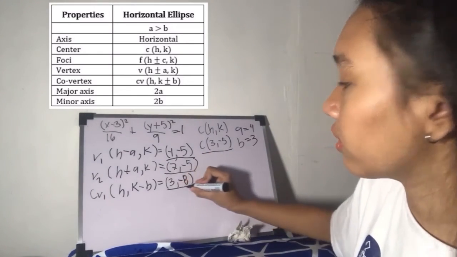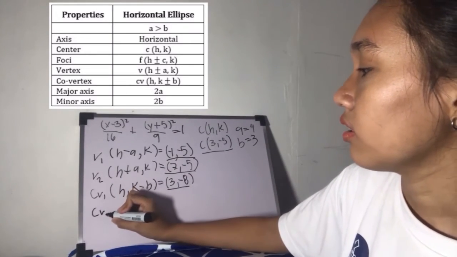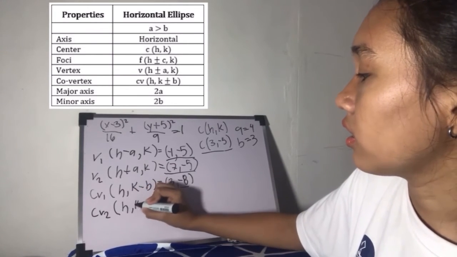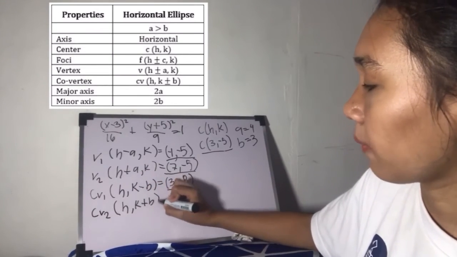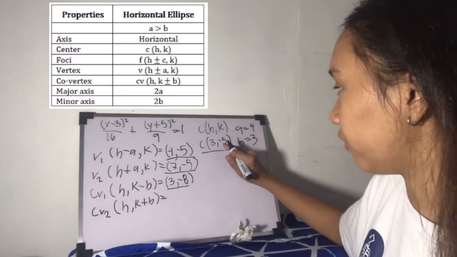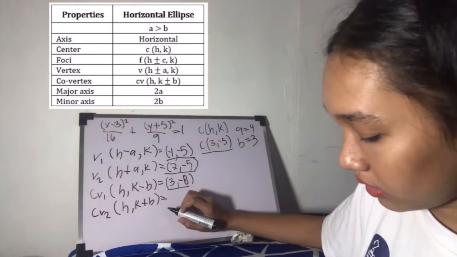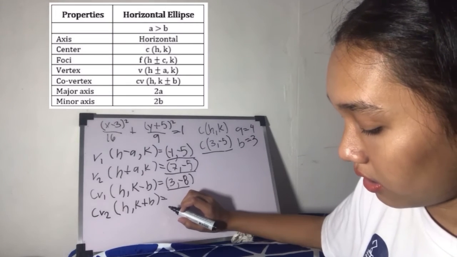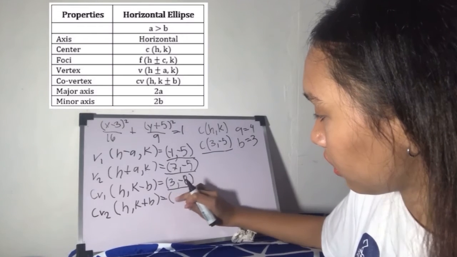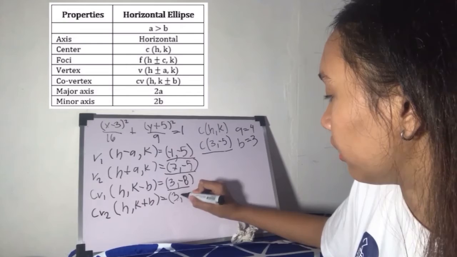That is our first co-vertex. Next is our second co-vertex. It will be h, k plus b. Our k again is negative 5, and our b is 3. Negative 5 plus 3 is negative 2. That will be 3 and negative 2.